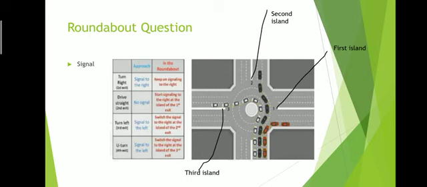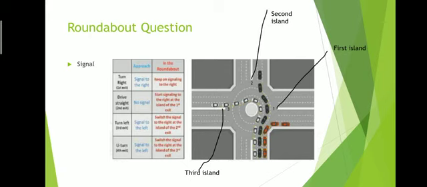Okay, so he is taking the first exit. For person who wants to take the second exit, he will go straight, he will not do any indicator. He will give a right indicator in the first island, and he will take the second exit.